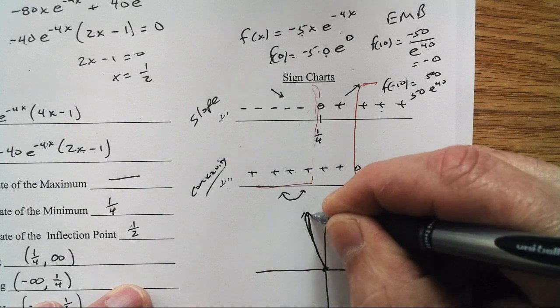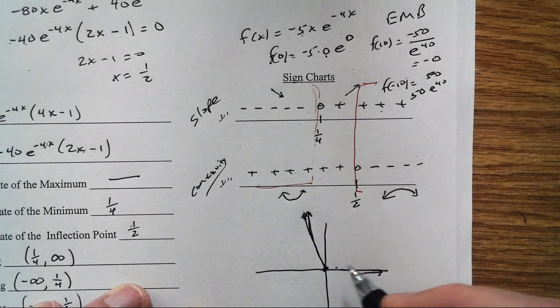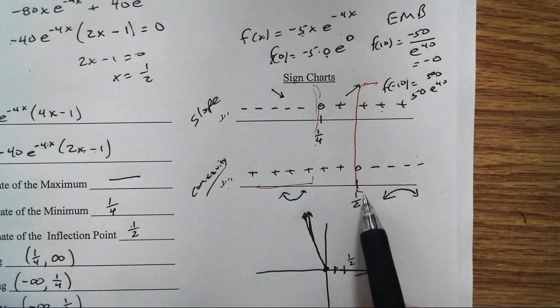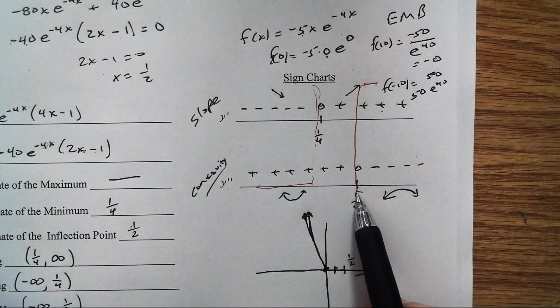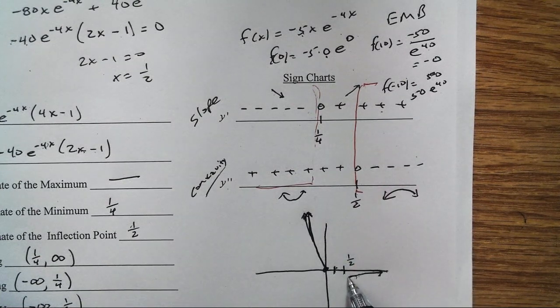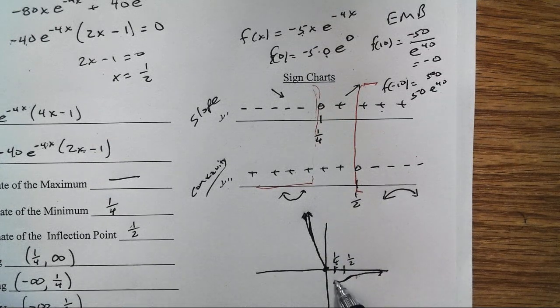I might piece some things back together shortly. Interesting things happen at 1/4 and 1/2. So I'll go 1/4, 1/2. I'm going to put a 1/2 right here. At 1/2, the concavity changes from cupping down this way to when I start cupping up, and at 1/4 we hit that minimum value.